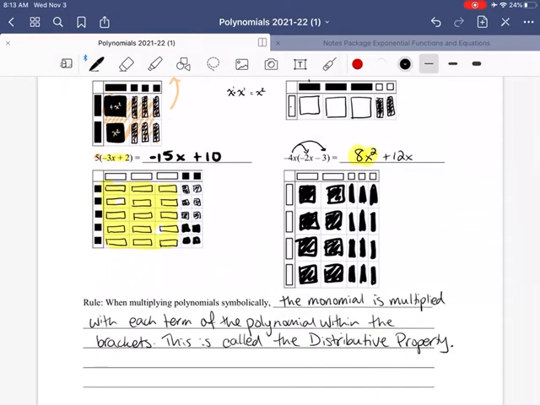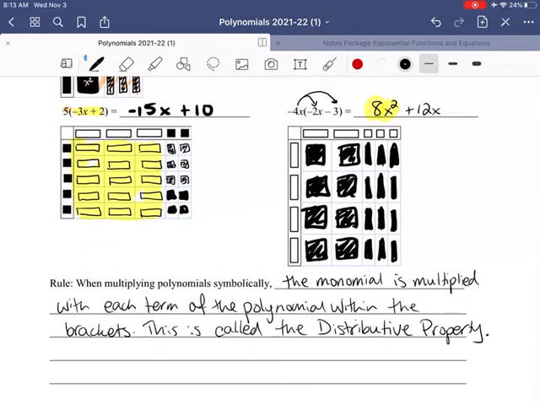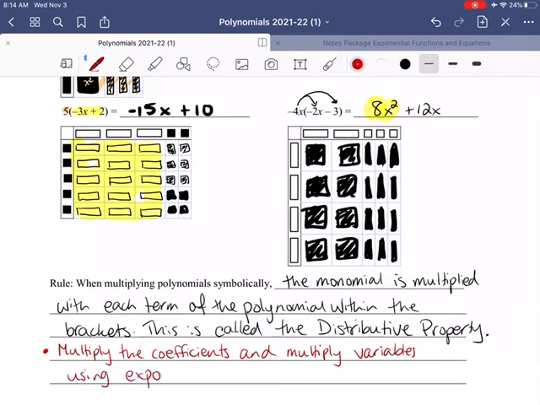So, to clarify, let's do another color here. Multiply the coefficients and multiply variables using exponent laws.